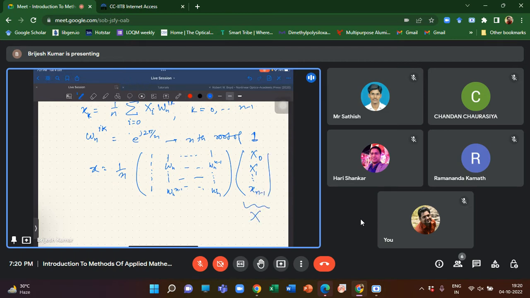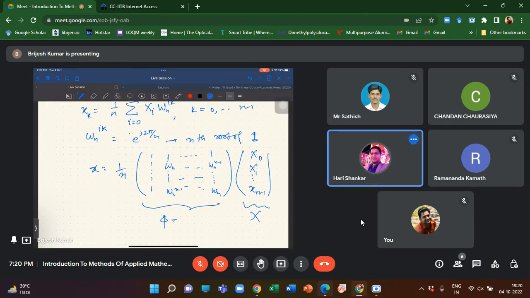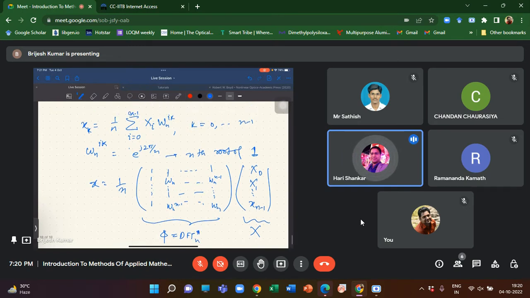So this is our x and this is our phi. How is the matrix form written?